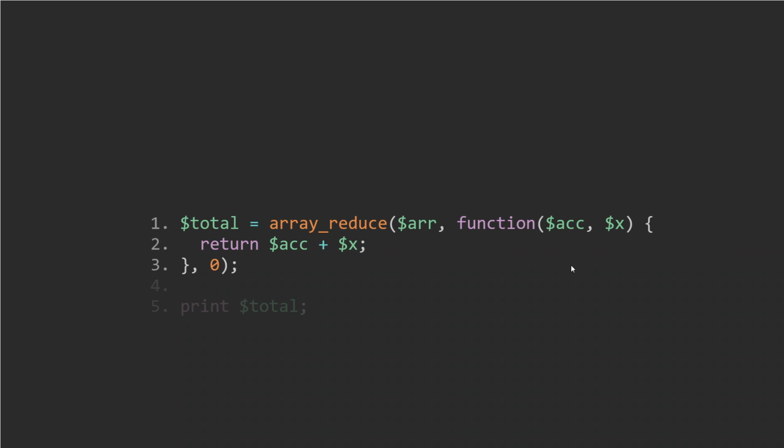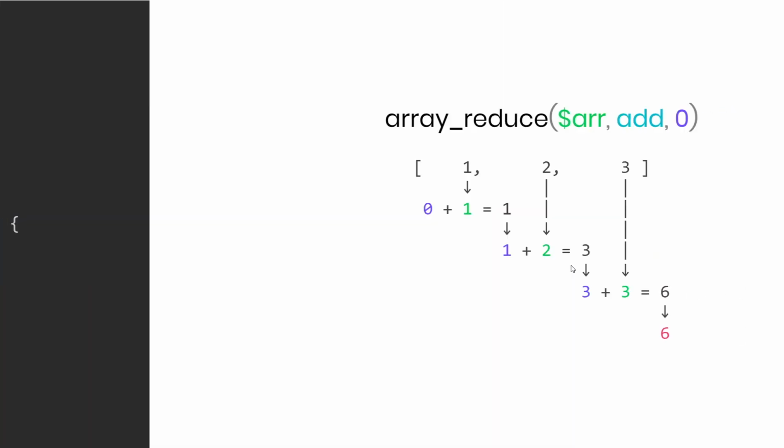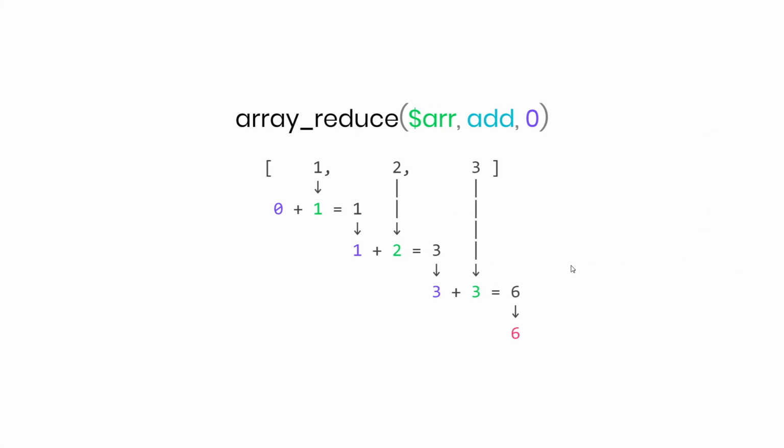And so the best way to understand this is really to look at an illustration of it. I've shortened it to just 1, 2, and 3 for simplicity. But let's look at what would happen if we're reducing this array 1, 2, 3 with an add reducing function.